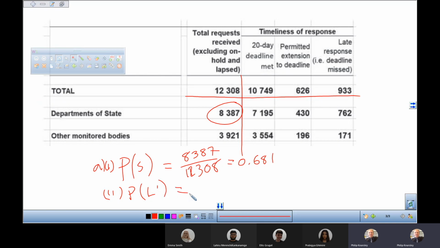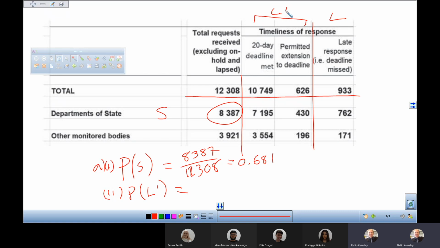2 ways of generating the number. Right, so L, late response is here. Late response is here. So actually, extension to deadline and deadline met are both L dash. So either we subtract the L from the total, or we add the 2 possible combinations for L dash together.